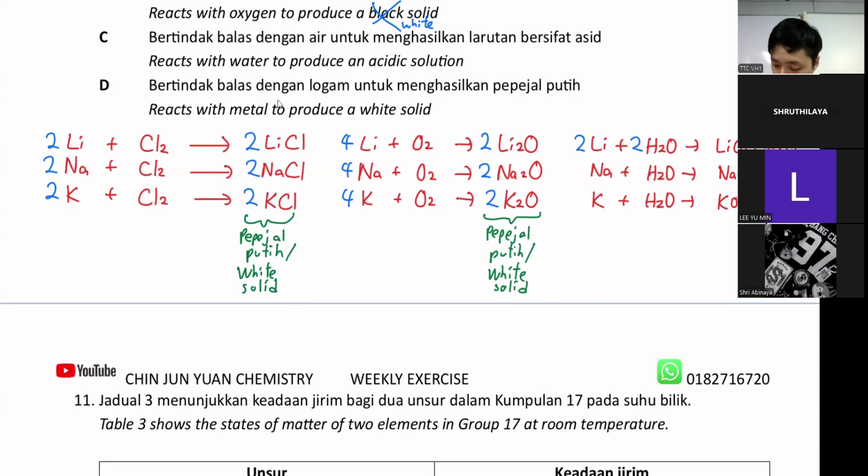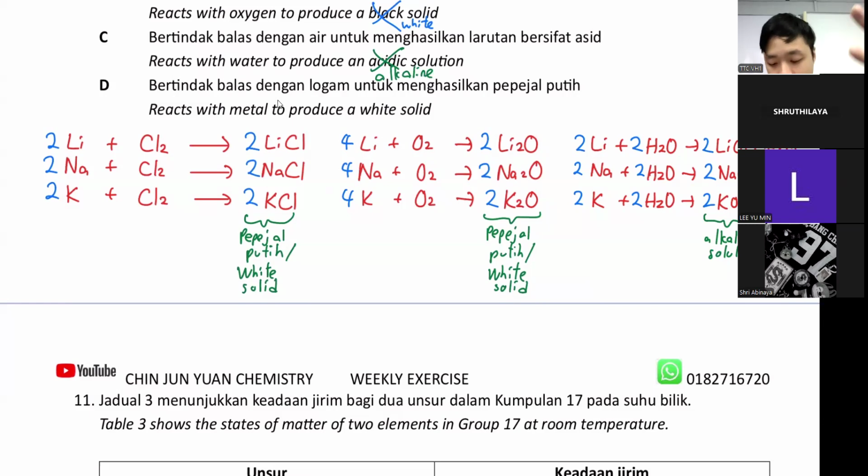Balancing is 2, 2, 2. So in this case, all these are not acidic, they are alkaline solutions. They will turn the moist red litmus paper to blue color. It's not acidic, it's alkaline.